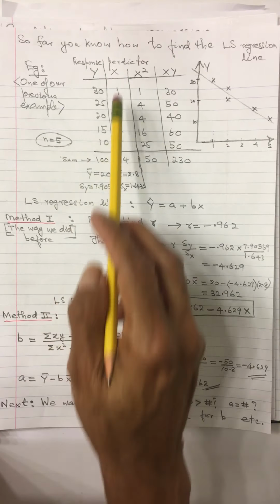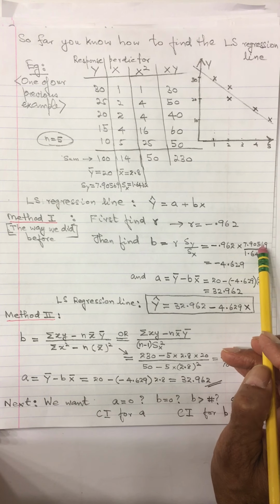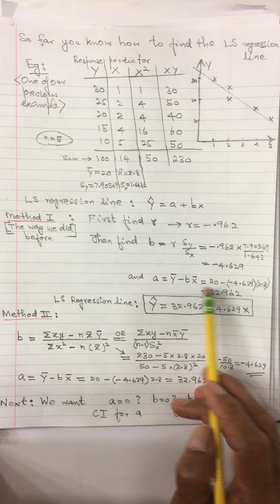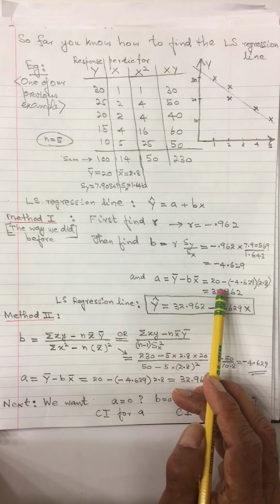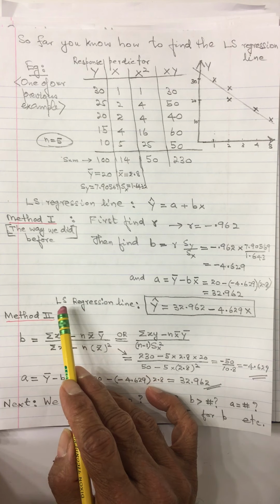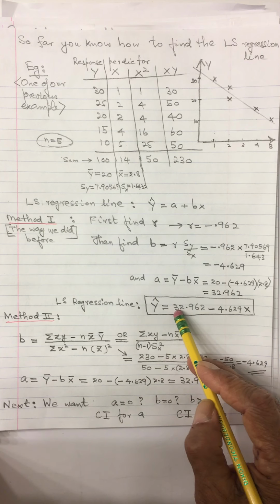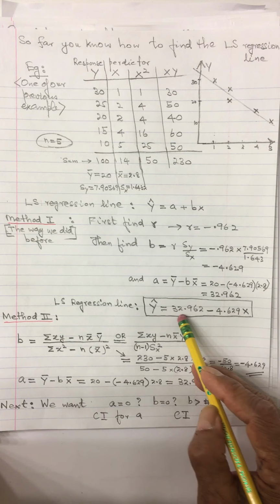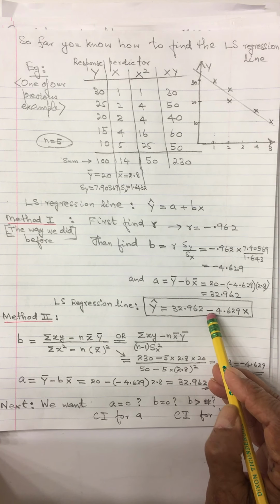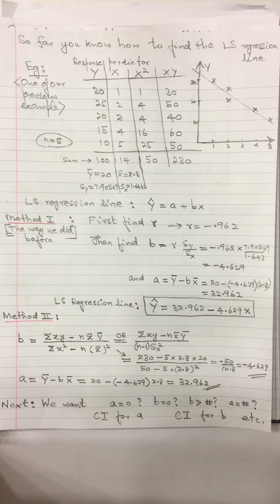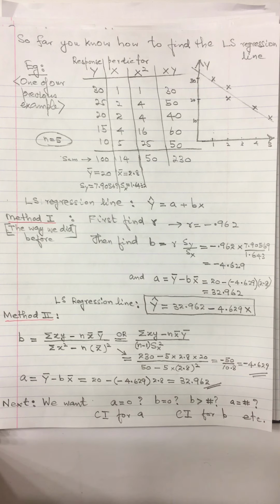You use that to figure out the slope and the intercept using this formula, and that will give you the estimated least square regression line, the y hat. So the estimated intercept 32.962 minus the estimated slope times x. So this is the least square regression line.